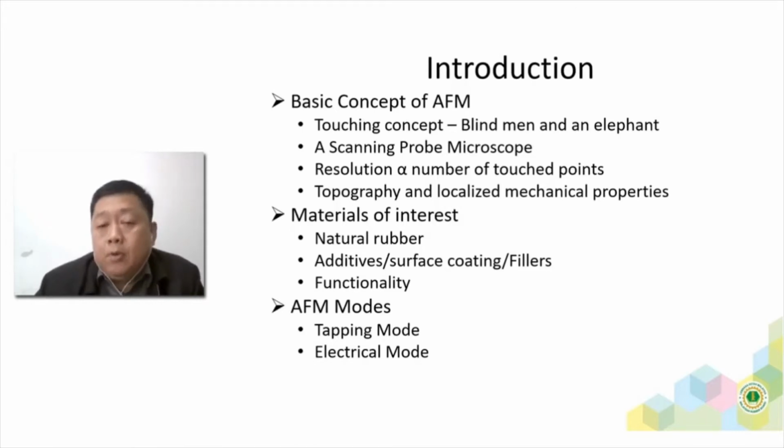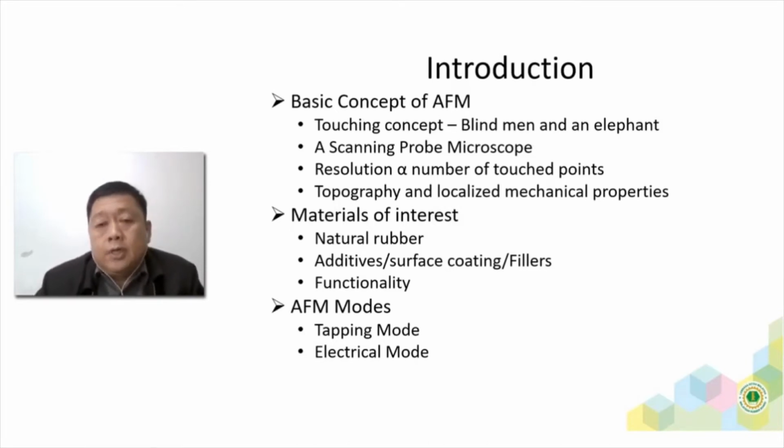The smaller the spot size, the more spots that you touch using the cantilever, the better the resolution of your image. It's actually a scanning probe microscope, just like the SEM. So you will scan from left to right, then right to left, over the area that you are interested in.